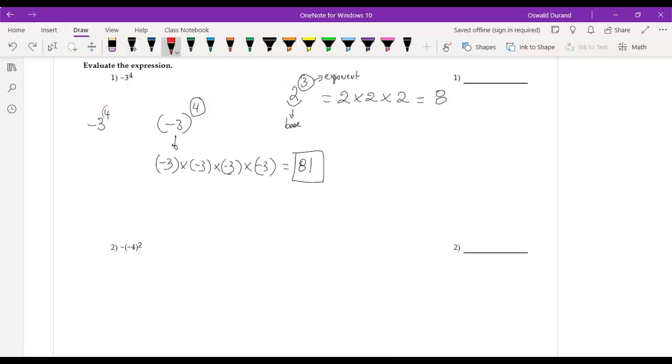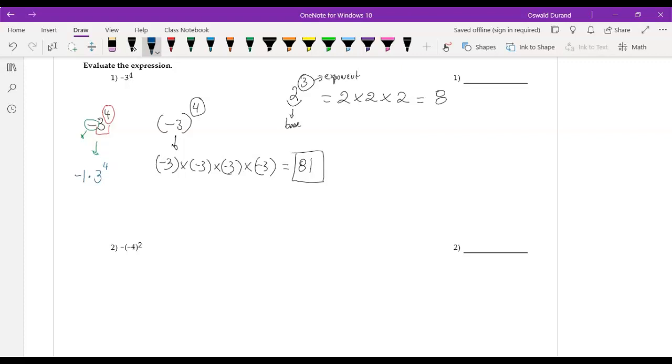However, in this one, the exponent tells only the 3 that it has to be multiplied 4 times, not the negative. You can view this problem as negative 1 times 3 to the power of 4.